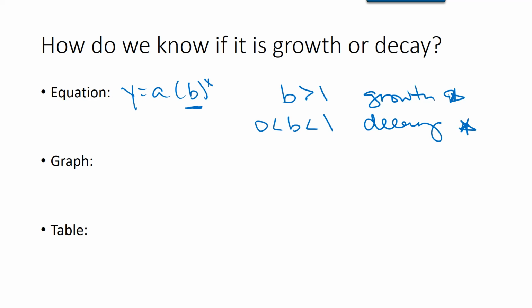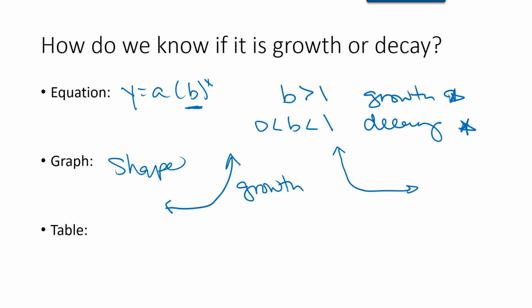On a graph, we want to look at the shape that it's making. If it starts out small and then rapidly grows and goes up, that is growth. If it starts out really big and then gets smaller, that is decay, because that's what the names imply.